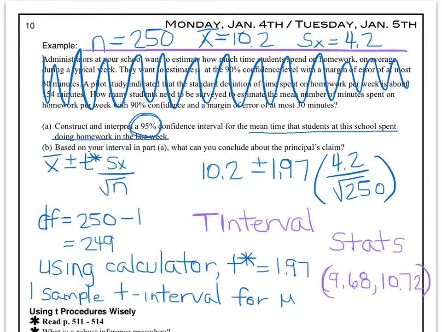And I want to say we are 95% confident that the interval from 9.68 to 10.72 hours captures the true mean time that students at this school spend doing homework in the last week. And then that would complete my 4-step process for this problem.